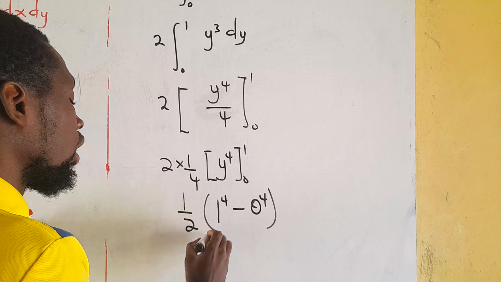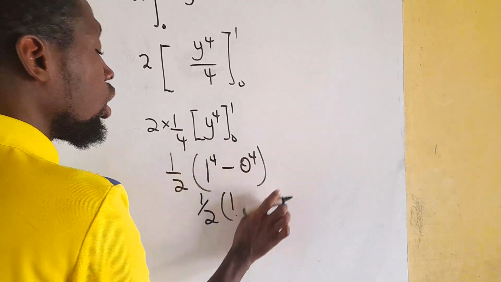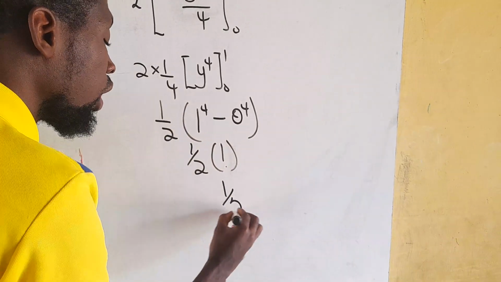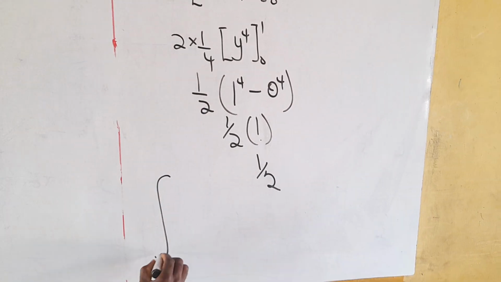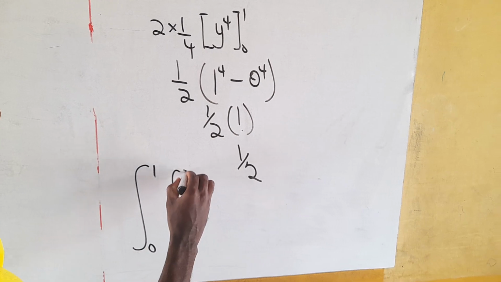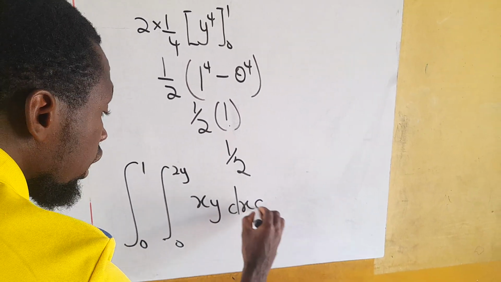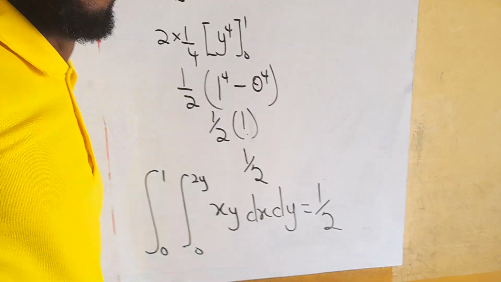I hope you get that. So half times 1 exponent 4 is 1. 0 exponent 4 is 0, minus that will still be 1. So the answer will just be half. So we can say that the integral from 0 to 1 and the integral from 0 to 2y of xy dx dy is actually half. I hope you get it.